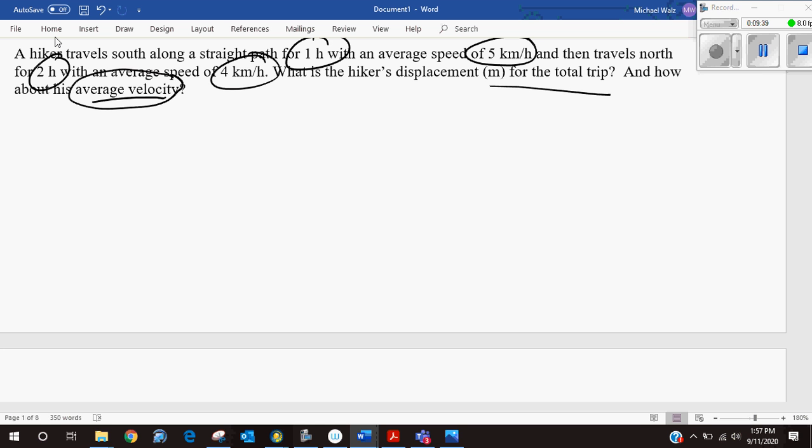Okay, so this one definitely needs a picture. It says straight south for 1 hour with an average speed of 5 kilometers per hour. So 5 kilometers per hour for 1 hour, that's 5 kilometers, right? I probably don't have to do that math on a piece of paper.